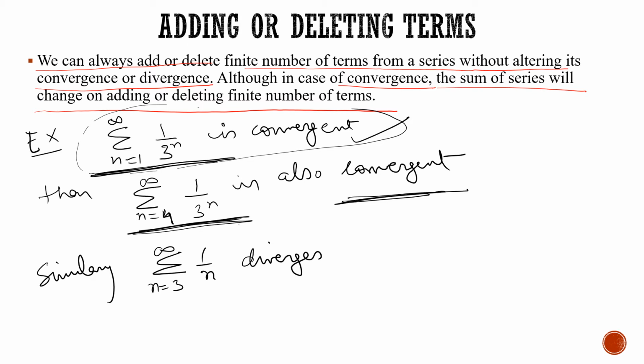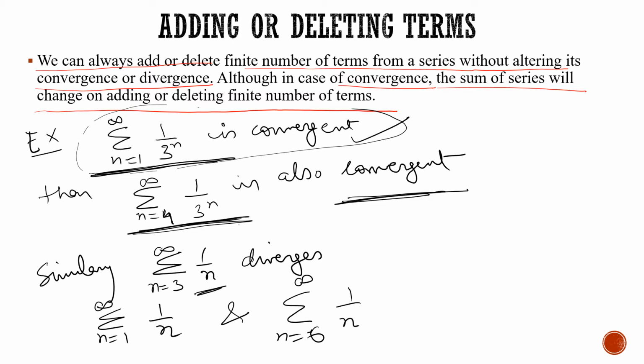Now if I add a few more terms or delete a few terms, like if I started from 1, that means I am adding a few terms to this series, and if I delete, that is, if I start from this, then both of these series will also diverge.